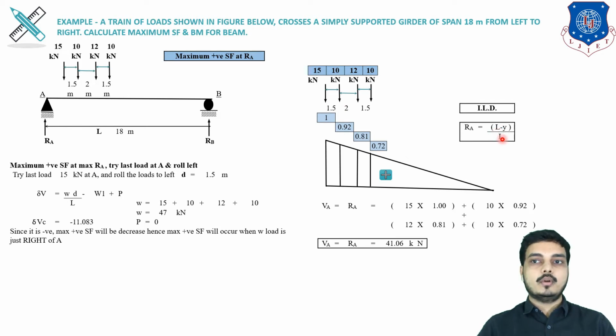So 16.5 upon 18 will give me this ordinate. Similarly for 12 we can find the ordinate, and for 10 also, or you can use the relation, that for 14 it is 1, so for this it is how much. So after getting all these ordinates, we can find out the maximum shear force by multiplying them.